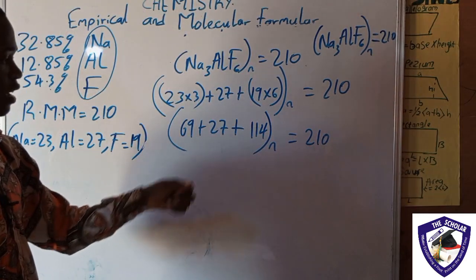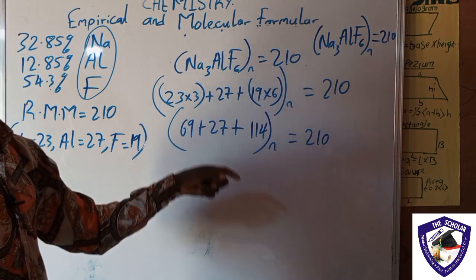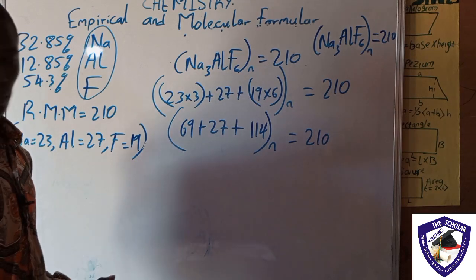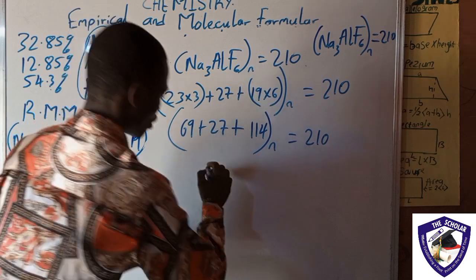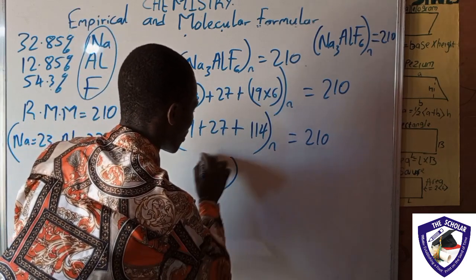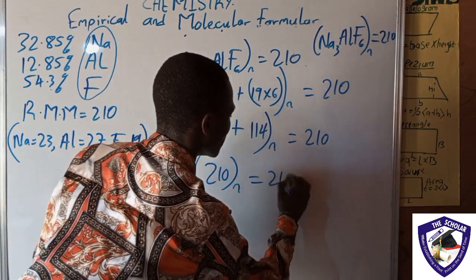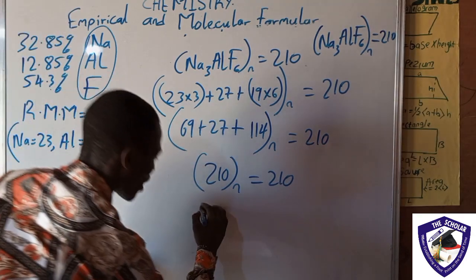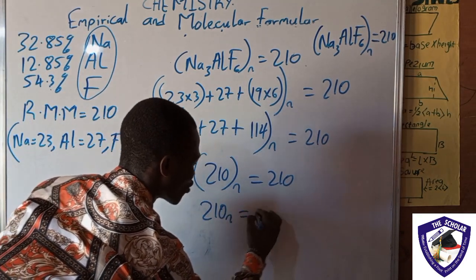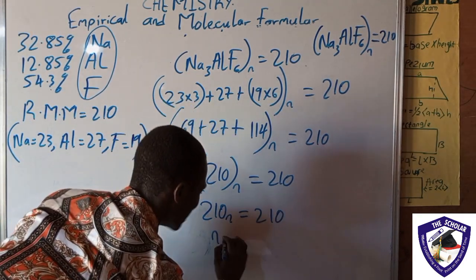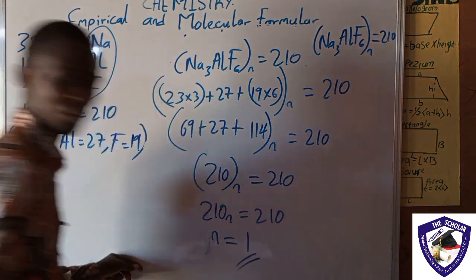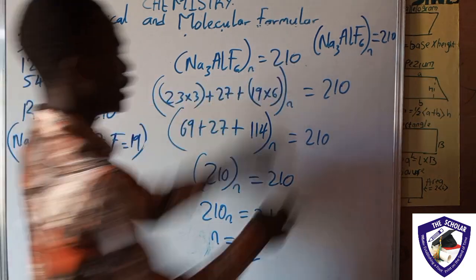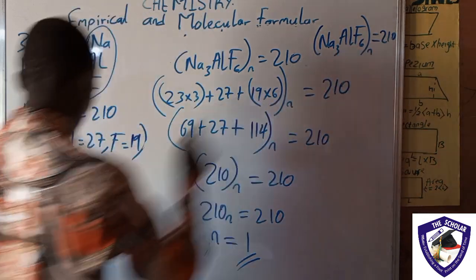Now from here we can say 69 plus 27 plus 114 is 210, so 210n equals 210. If you open the bracket, we have 210n equals 210. Our n is equal to 1.